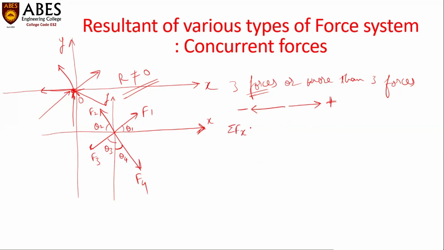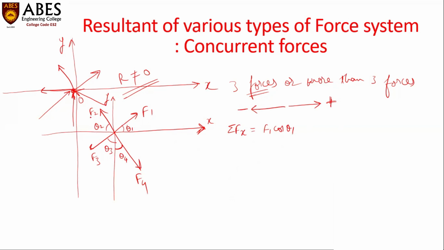It will be represented as sigma Fx. So F1 cos theta 1, because this component will be with this angle. So the component which comes with the angle is always the cos component. So F1 cos theta 1.